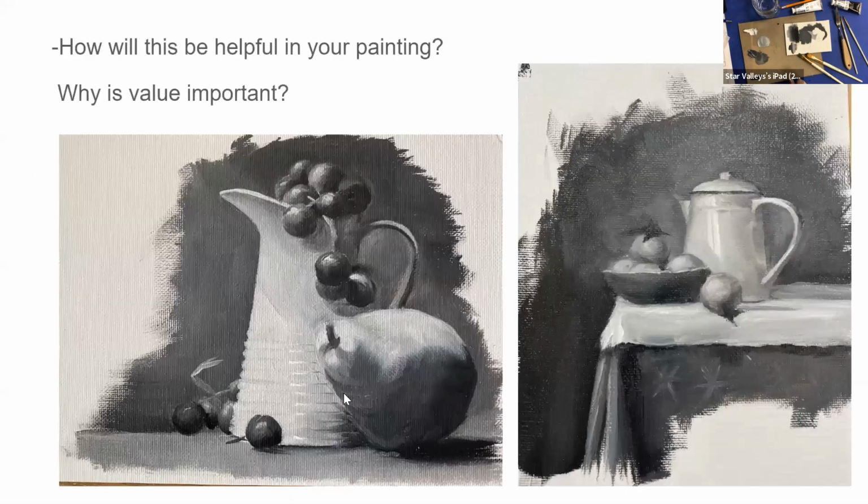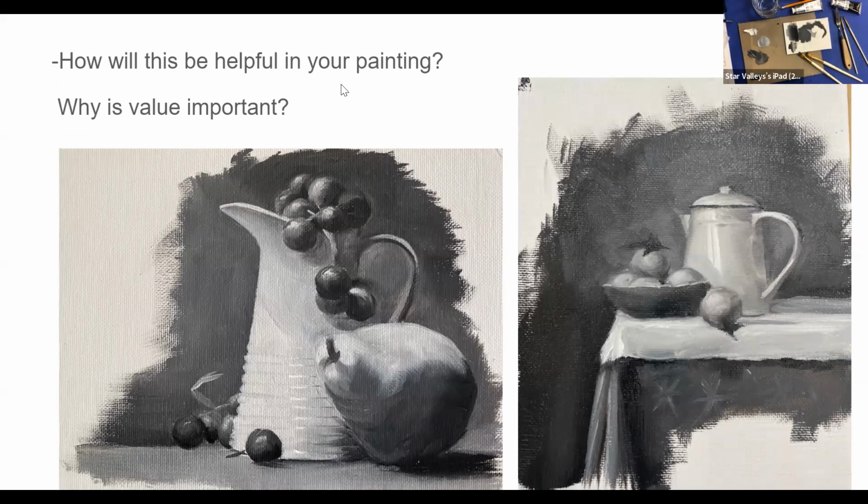Now, in my own work, at this point, I figure out my values really quickly. I use just little sketches. A lot of times I'll use gray markers to figure it out, just because that's what's fast and works for me.